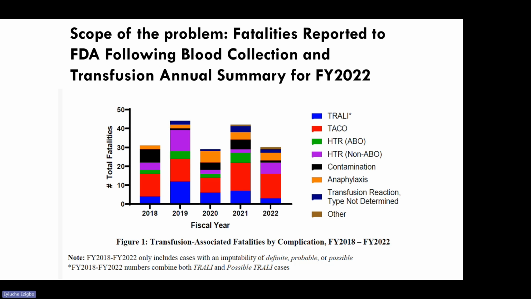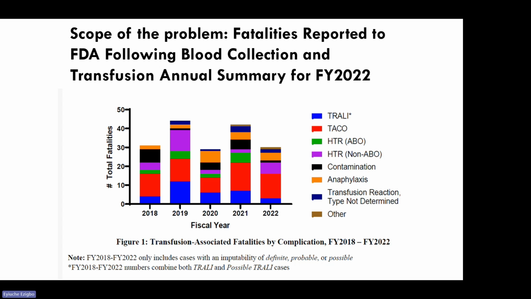You can see it in 2021, 2020, 2019, 2018. But as at 2022, you find out that complications arising from reactions due to incompatibility in ABO blood group have been seriously dealt with and almost eliminated. So we pray it does not appear again during the next report by the FDA.